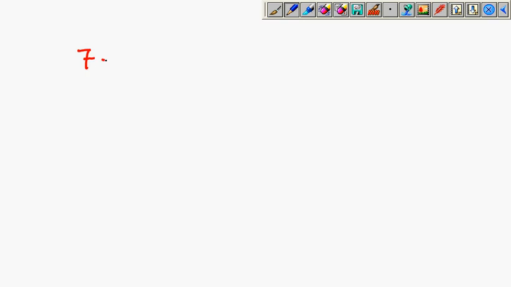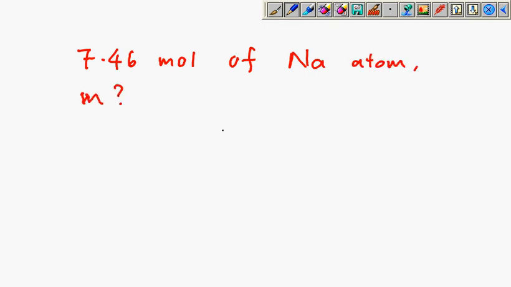So an example calculation would be like this. Let's say I have 7.46 mole of sodium atoms. So what is the actual mass? If I'm interested to get the actual mass, I can just put up the formula that I've learned.